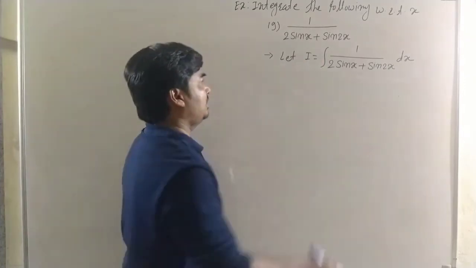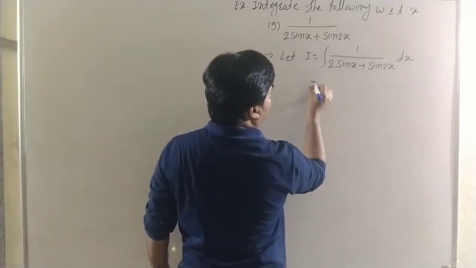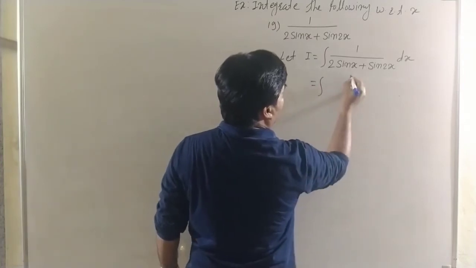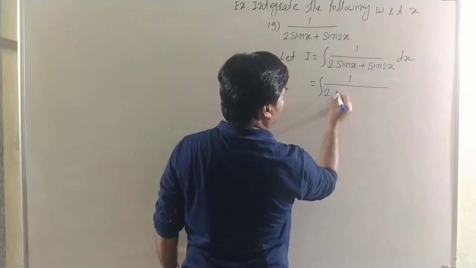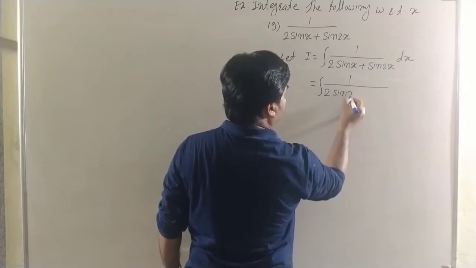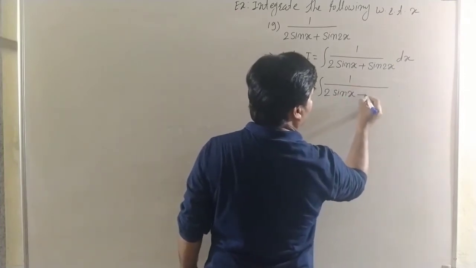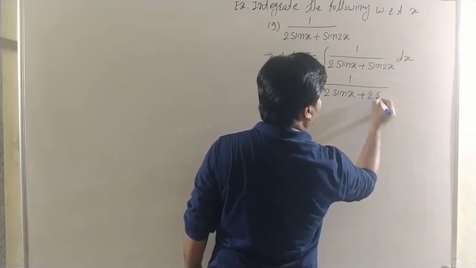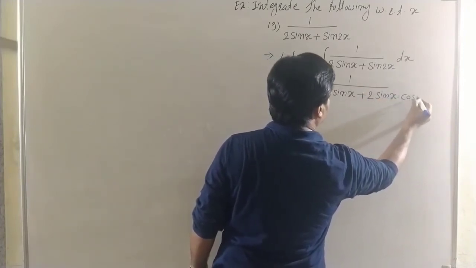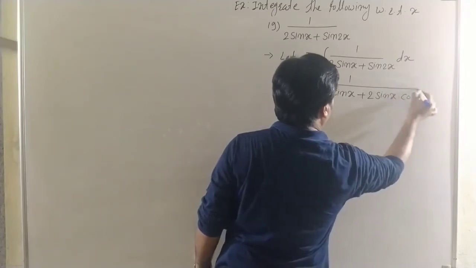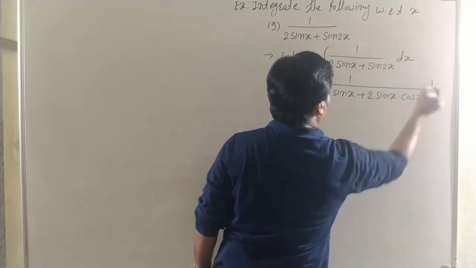Now we see here 1 upon 2 sin x plus 2 sin x into cos x. It is the formula for sin 2x.